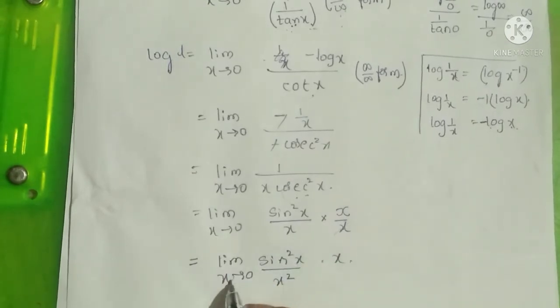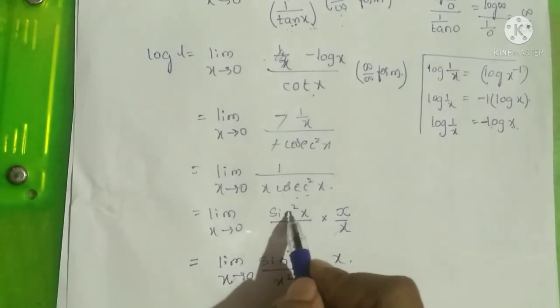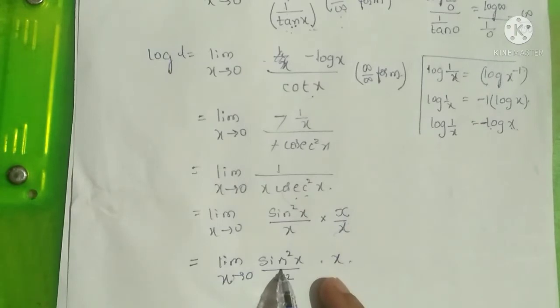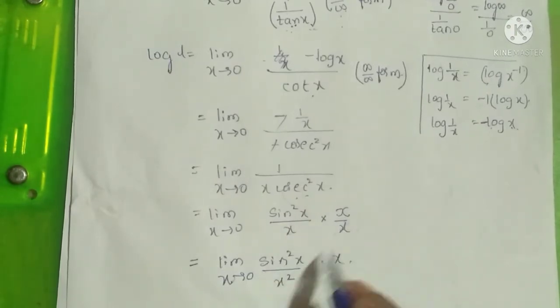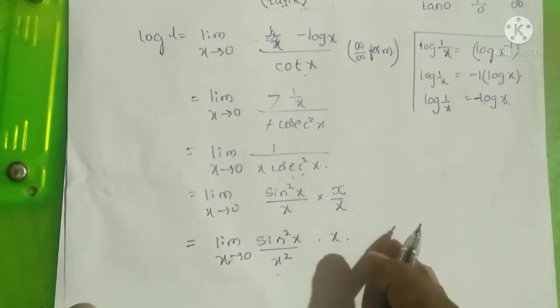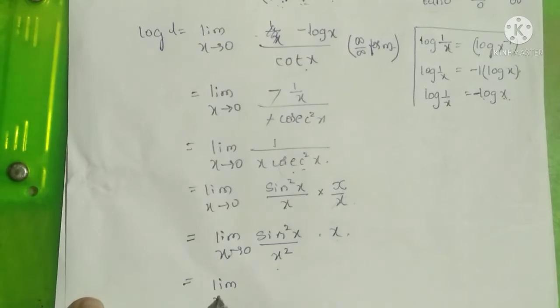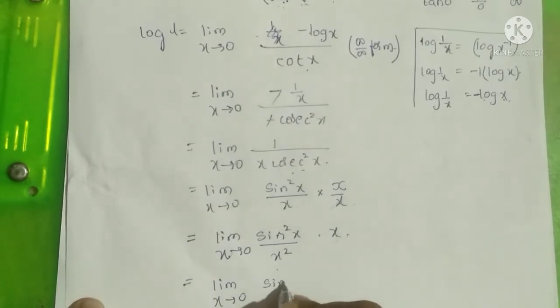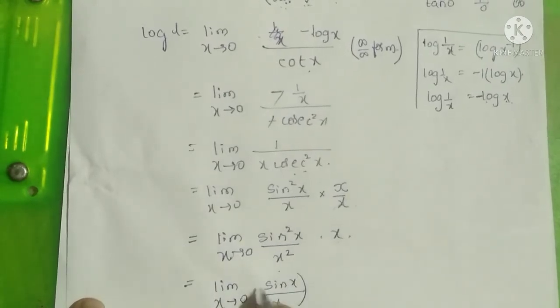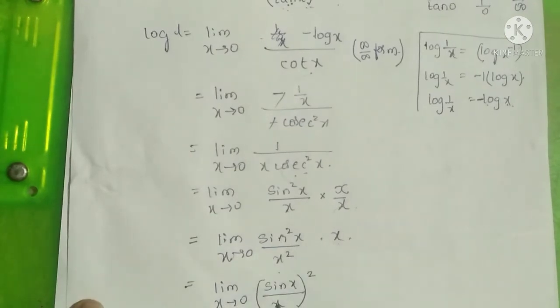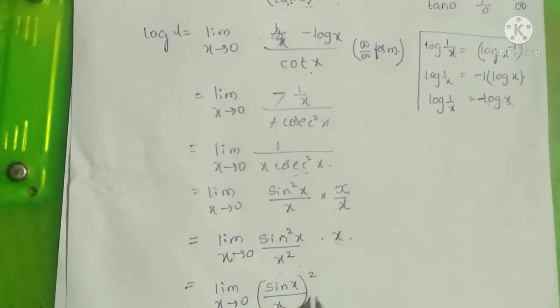Limit x tends to 0 is carried as it is, sine square x in the numerator as it is, and the denominator x into x is x square. Keep this other x as a single term. Now limit x tends to 0 of (sine x by x) whole square, since the square is taken common for both numerator and denominator.